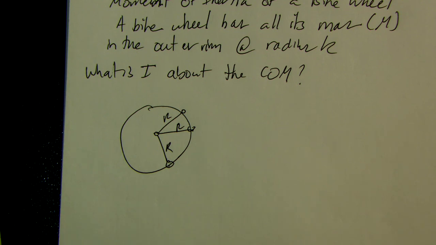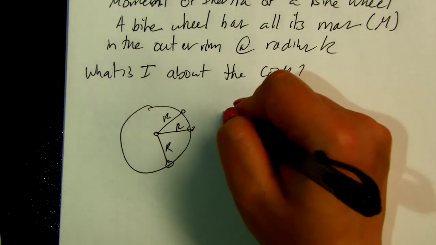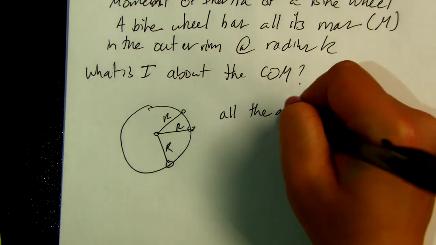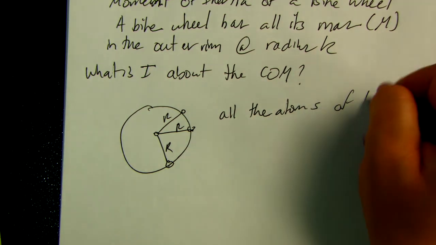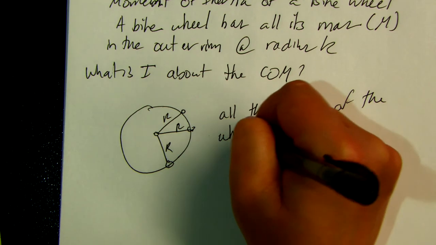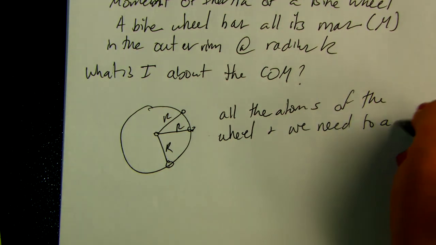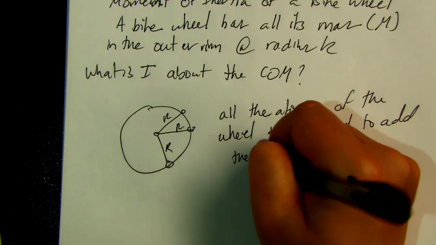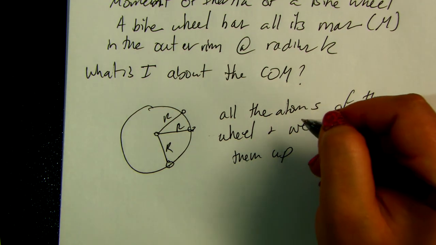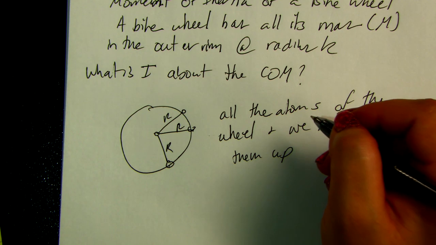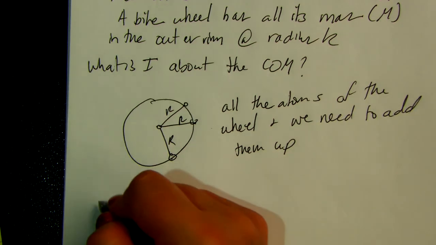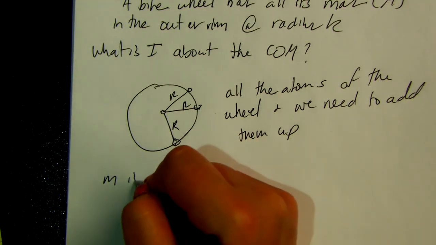And this is a reasonable assumption to make. So we have all the atoms of the wheel, and we need to add them up. Okay, so let's say m is the mass of one atom.